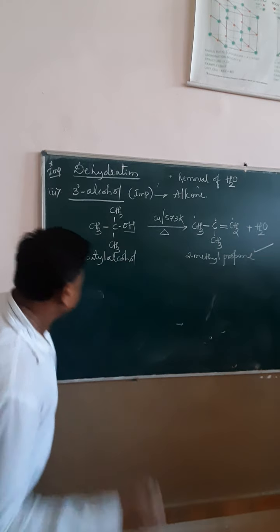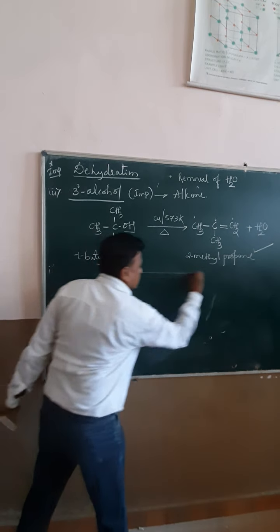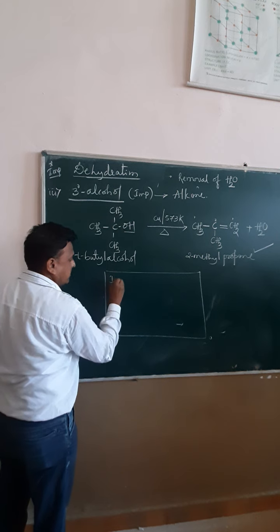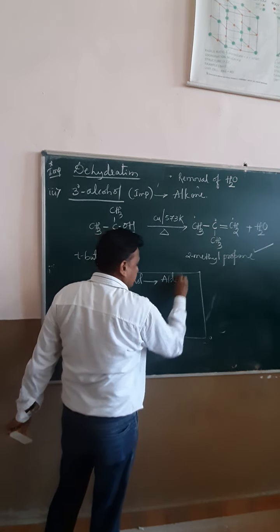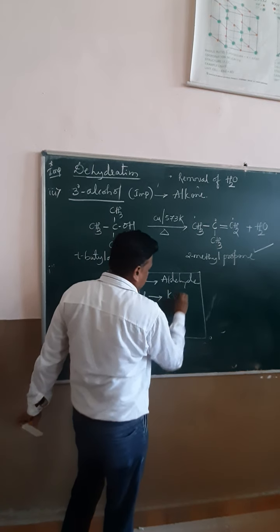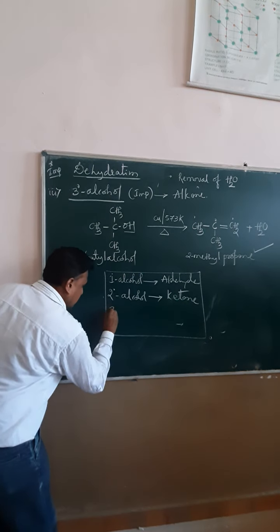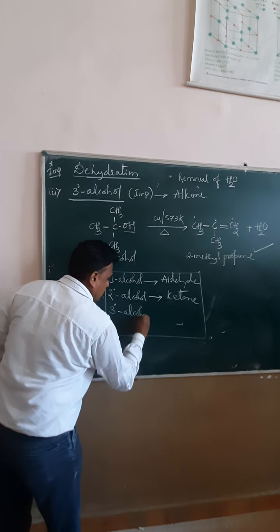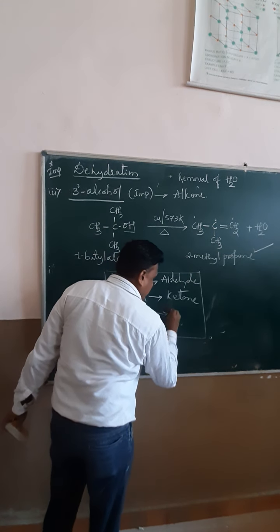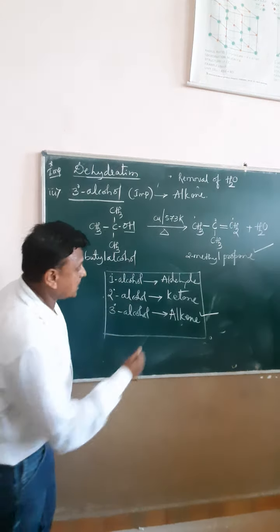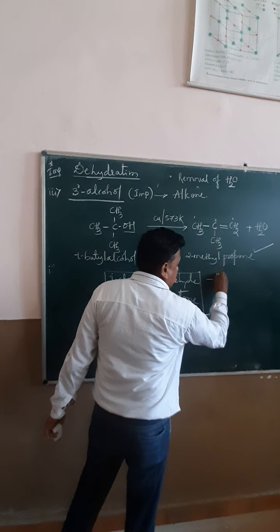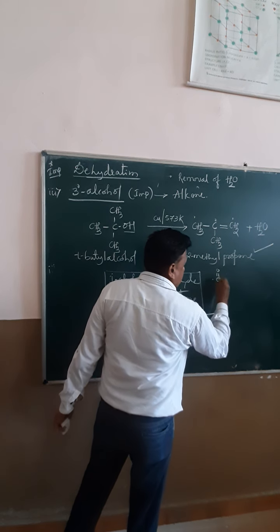I repeat, in this part, primary alcohol gives aldehyde, secondary alcohol gives ketone, and tertiary alcohol gives alkenes.